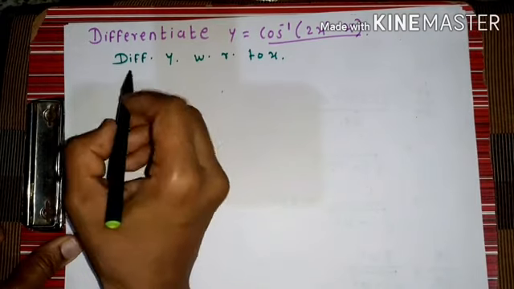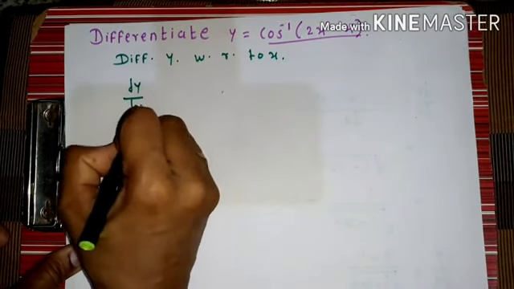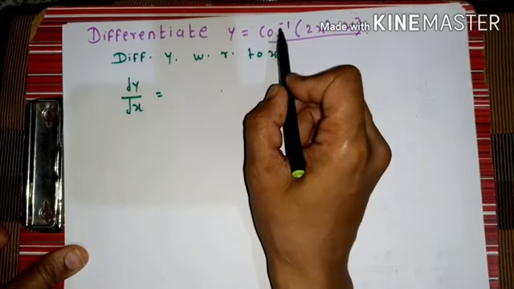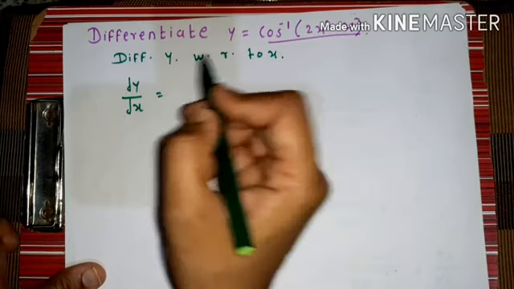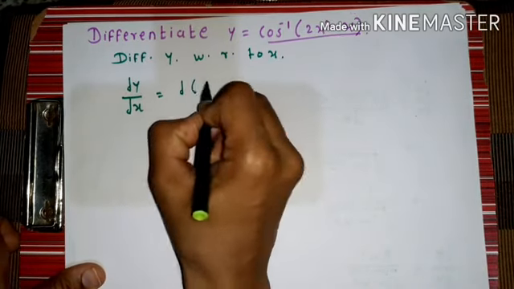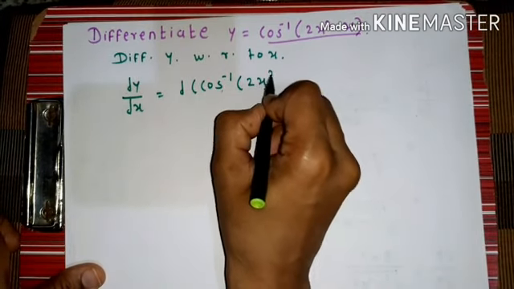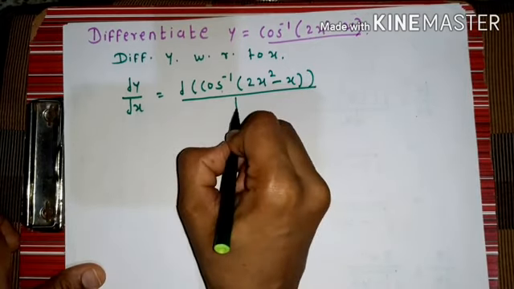And therefore dy by dx equal to differentiation of y. What is the y function? y is cos inverse of 2x square minus 1. And therefore, differentiation of cos inverse of 2x square minus 1 with respect to x.